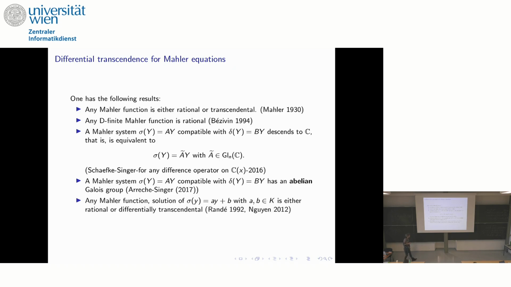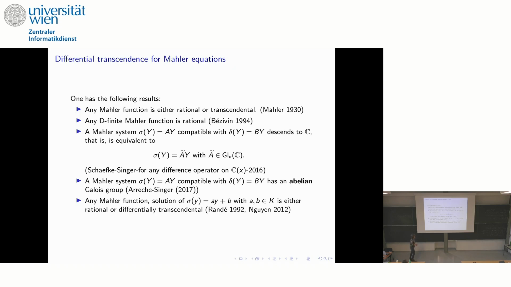And finally, there is a result on the differential transcendence of this kind of equation, which is the rank 1 case of our theorem, non-homogeneous. So Randé and Nguyen proved by different means that a solution of such an equation is either rational or differentially transcendental.